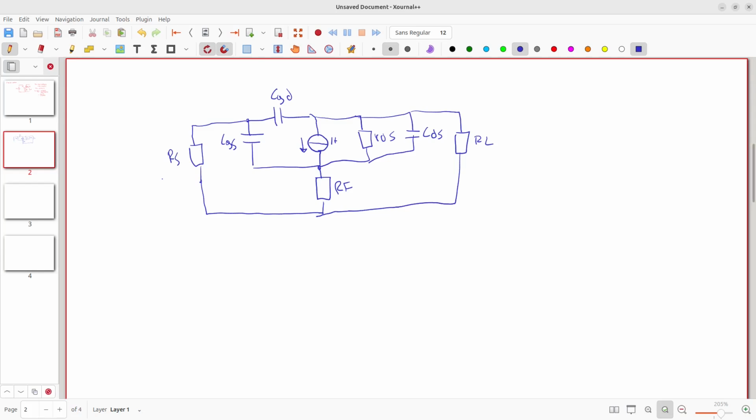So that was our model to calculate the beta, by replacing the transconductance with the test current source.